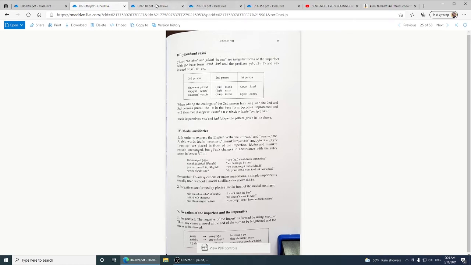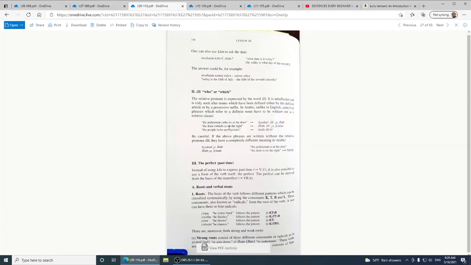And then the next section is about the perfect tense. This is lesson 9. This book has 17 lessons, so this is somewhere in the middle.